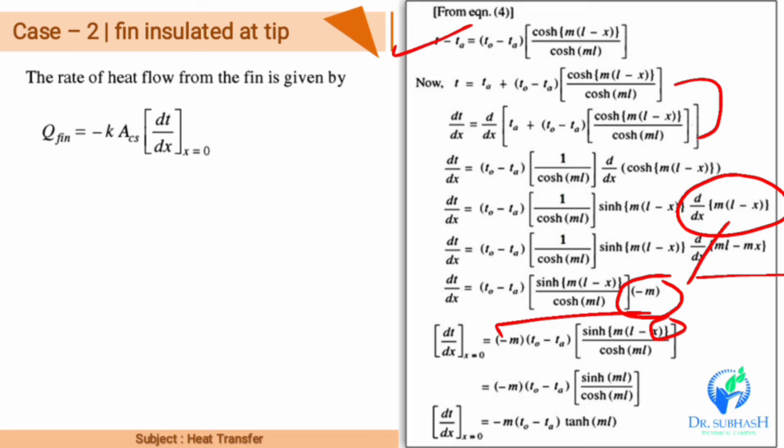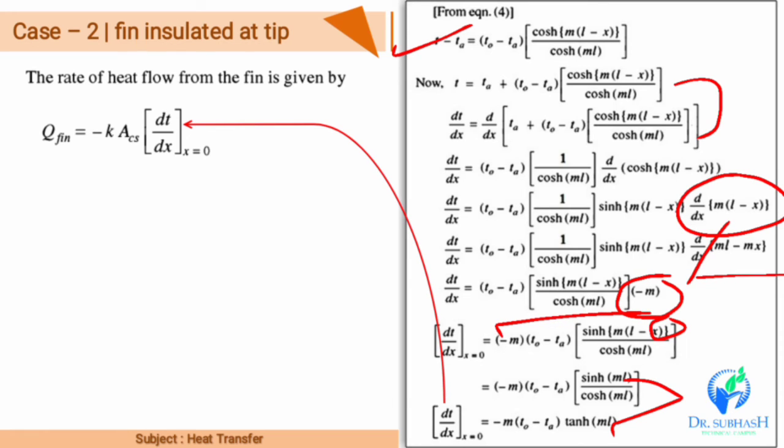We know that sinh mL divided by cosh mL is equal to tanh mL. So we get dT/dx when x is equal to 0 is equal to minus m (T0 minus Ta) tanh mL.